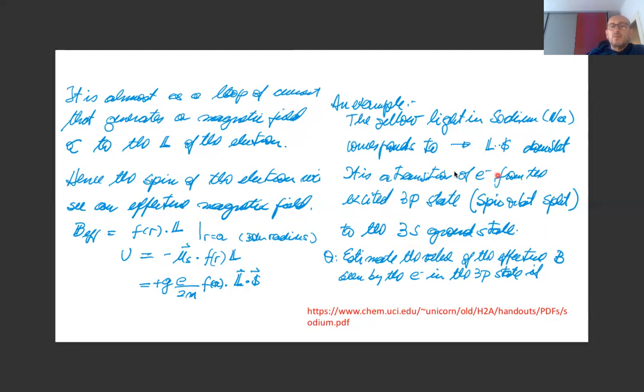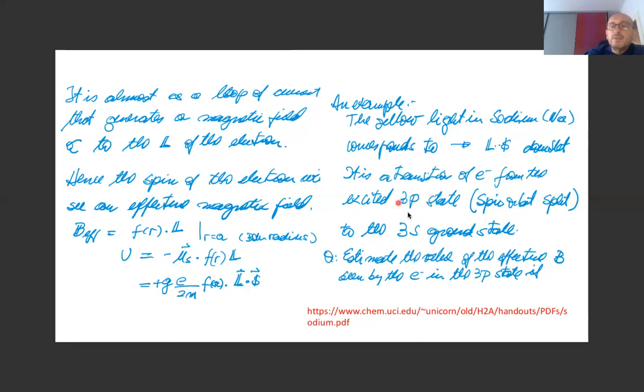Okay, we will see this in further detail at the end, but what we should know now is that in the 3p state, you have an electron with angular momentum, so there's an interaction between the orbit and the spin.